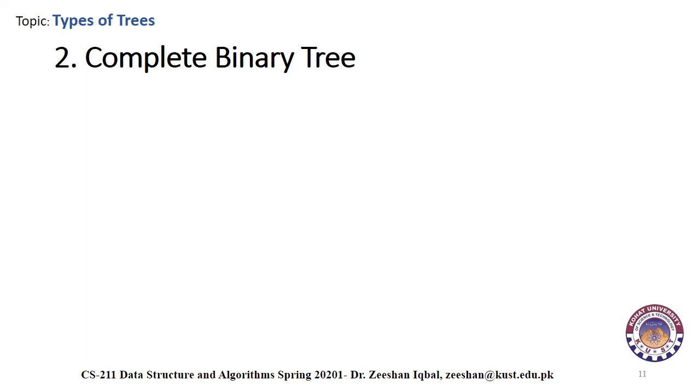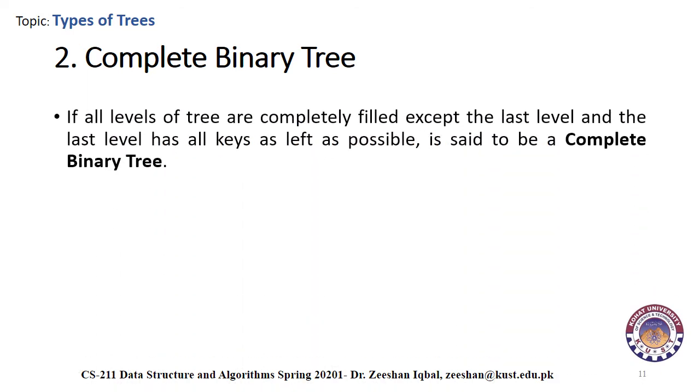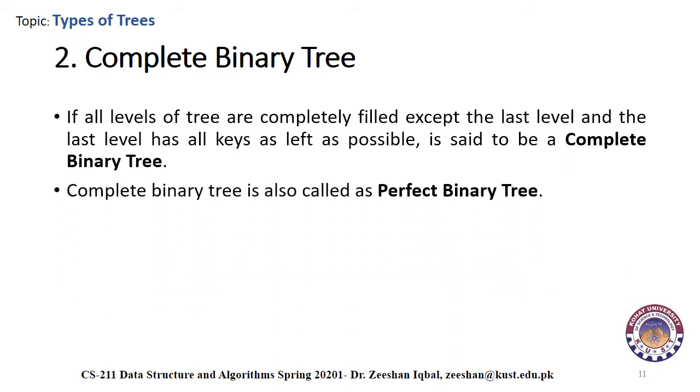Defining the complete binary tree. If all the levels of a tree are completely filled except the last level, and the last level has all the keys as left as possible, it is said to be a complete binary tree. Complete binary tree can also be called a perfect binary tree.